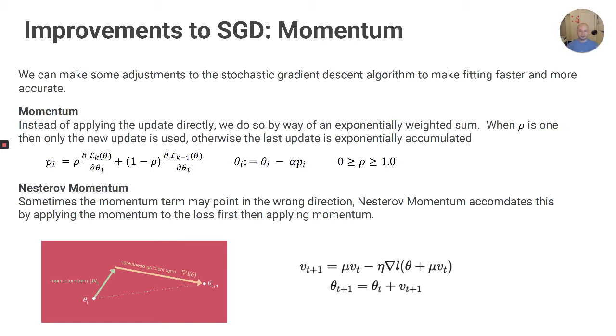And why do we care about converging faster? Well, because it's a lot of computation. A lot of these algorithms take a long time. As you've seen, it took 400 or 500 iterations for that one-dimensional model to fit 100 data points of random data. If you've got things with much higher dimensionality, you can quickly understand we're talking about a lot of computation here. So anything that we can do to speed things up is a good thing.